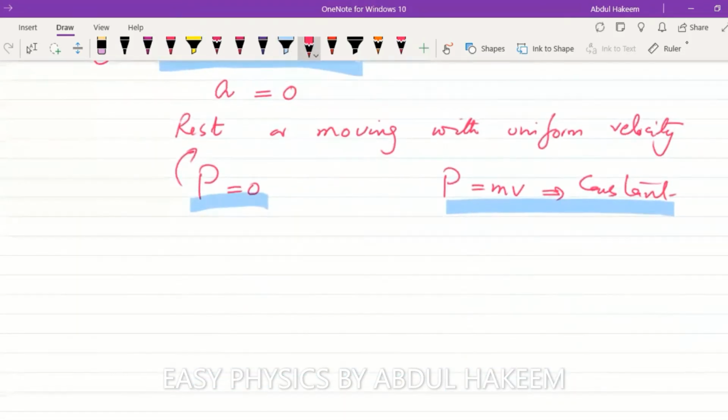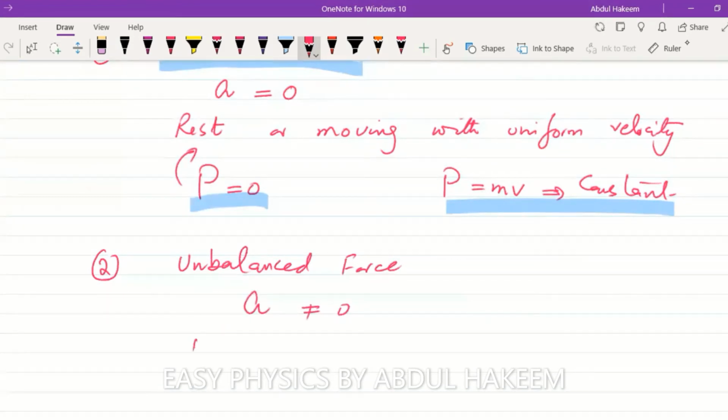But the second kind is unbalanced force. So here, the acceleration is not zero. It can be positive acceleration, negative acceleration, or centripetal acceleration.